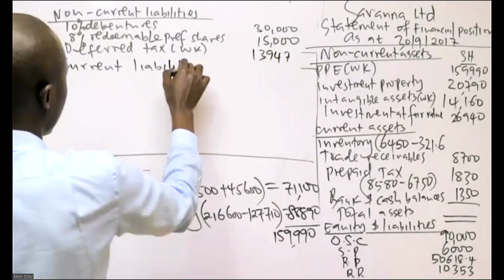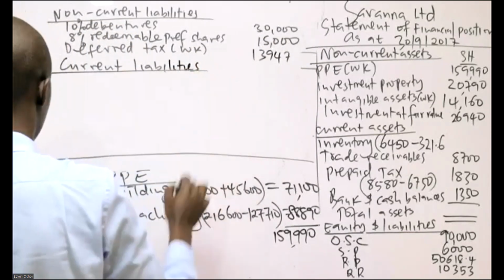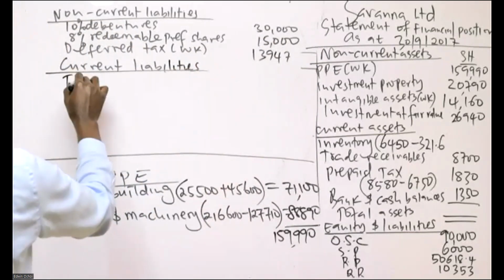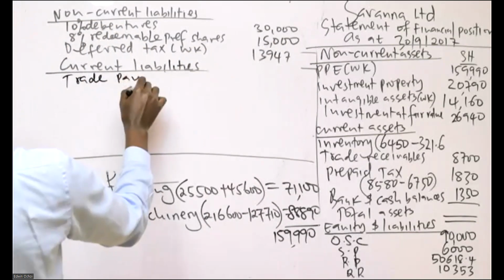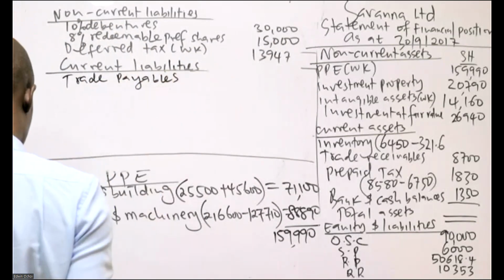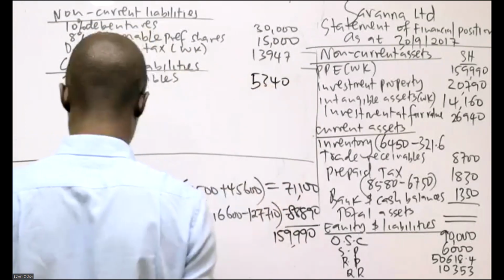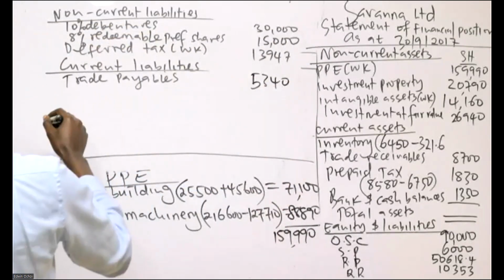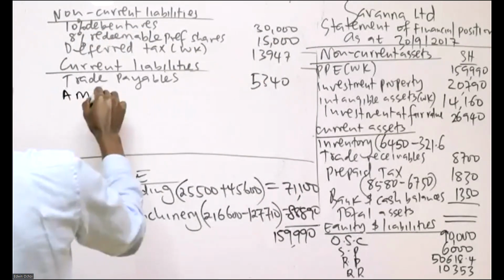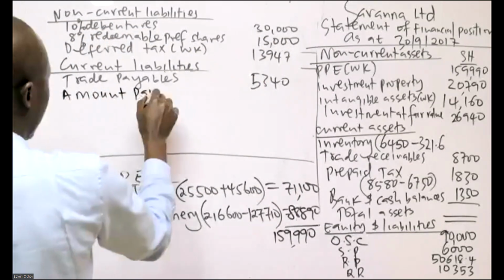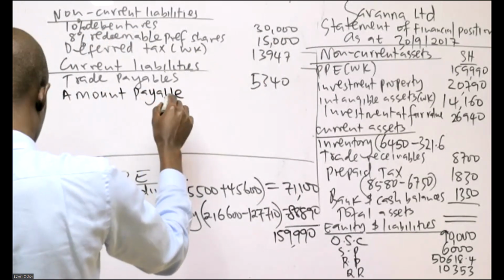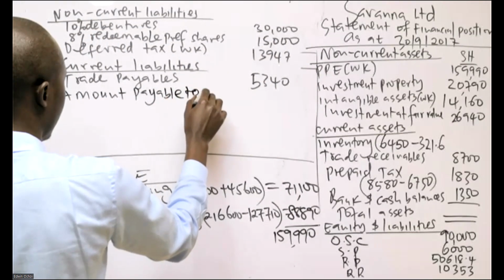Current liabilities, trade payables, 53,40. So amount payable to who? Amount payable to Majani.